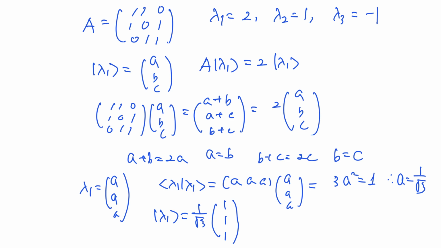How about lambda 2 is equal to 1? I will let you copy. Lambda 2 is plus 1. Is this matrix positive or not? One of the eigenvalues is negative, so it's not a positive matrix.